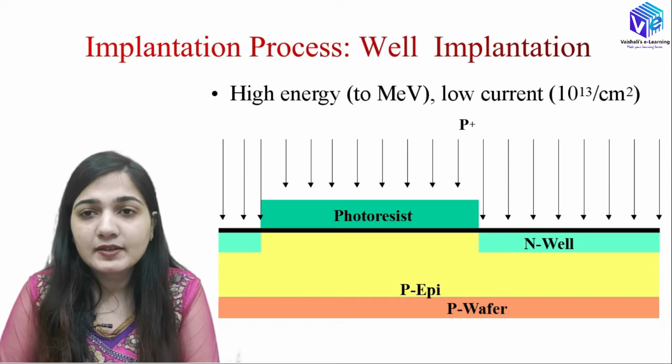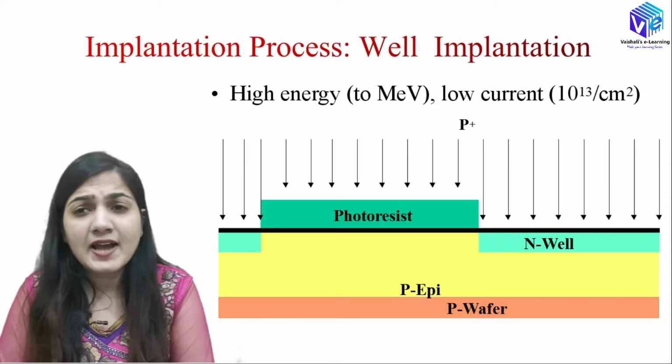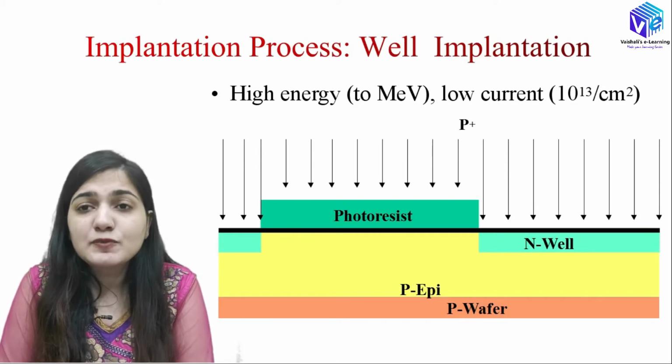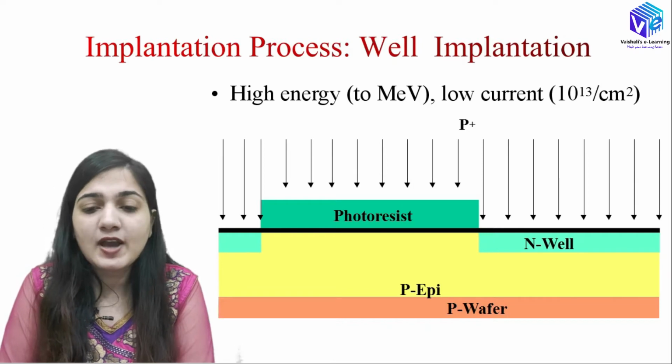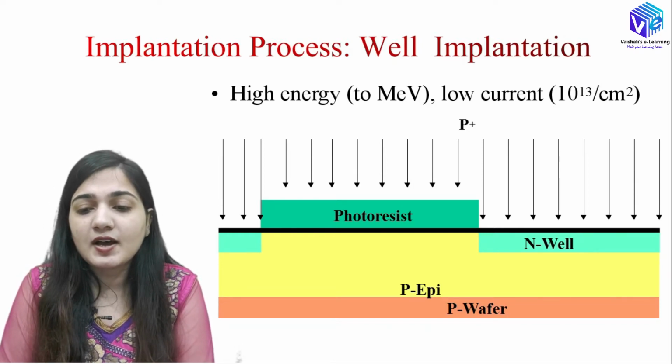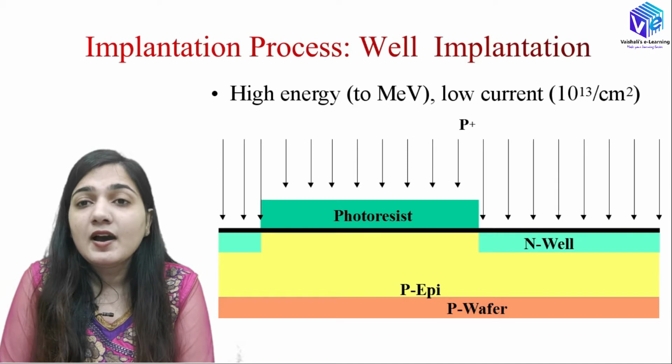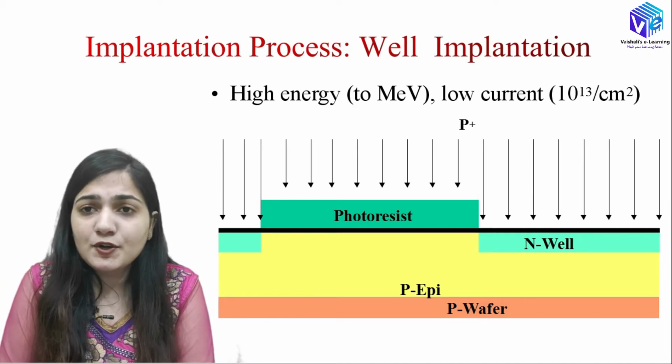If I require the well, either P well or N well, in both cases I require higher depth. The depth should be more, and for that I am using higher energy, which is in the order of mega electron volts. The current would be low because I don't want a highly doped region.